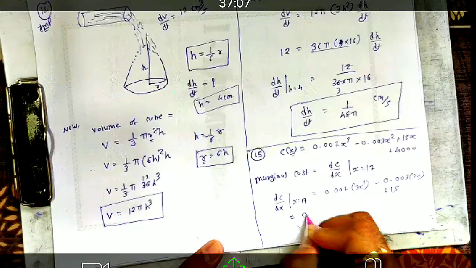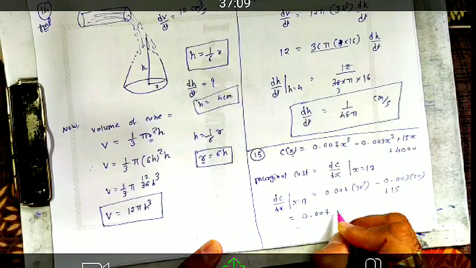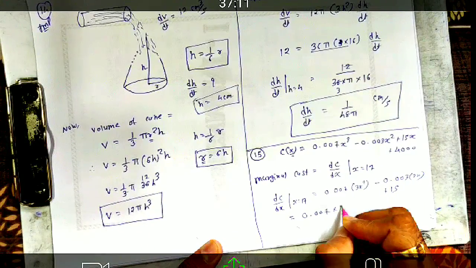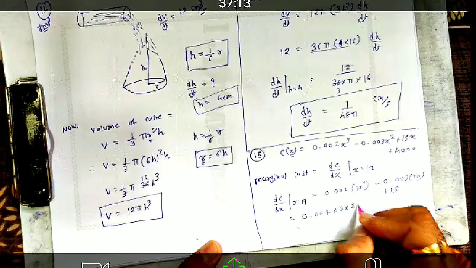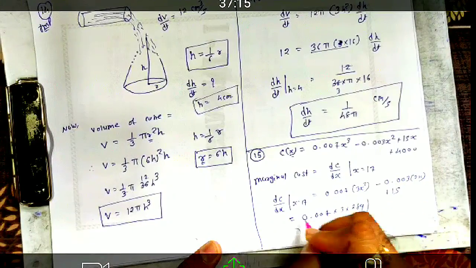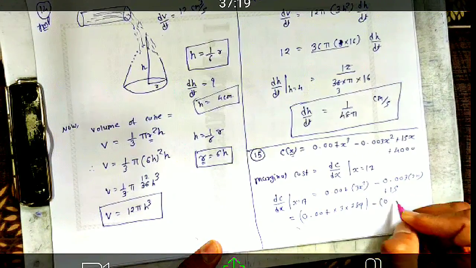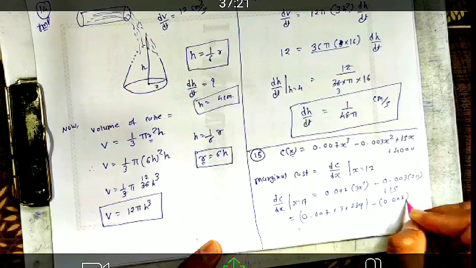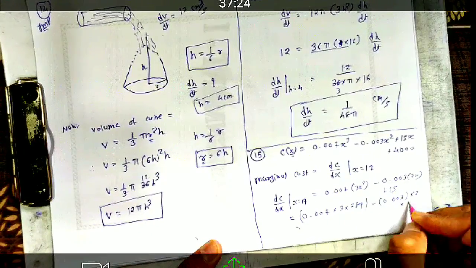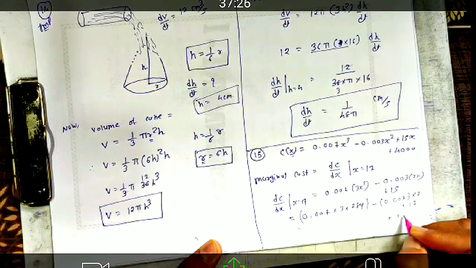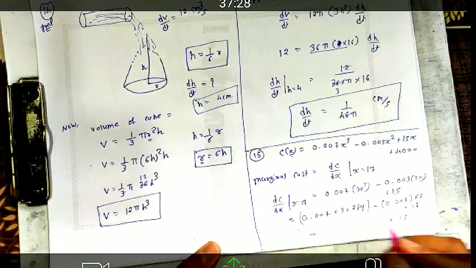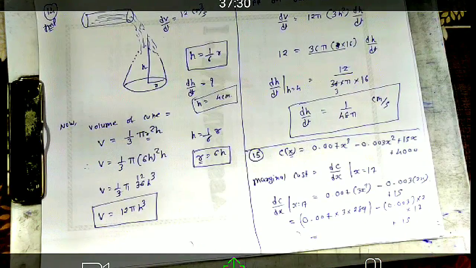So you will get your answer: 0.007 into 3 into 17 square, 289, minus 0.003 into 2 into 17 plus 15. So simplify it, we will get the answer.